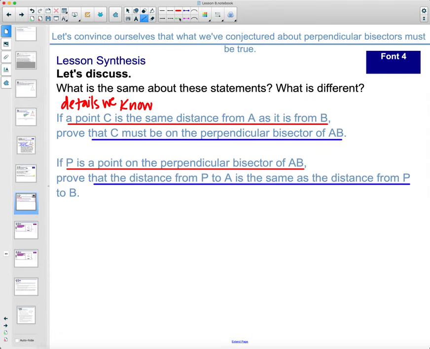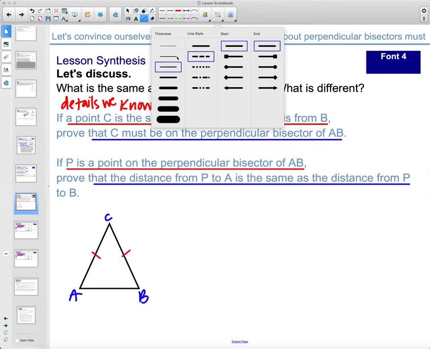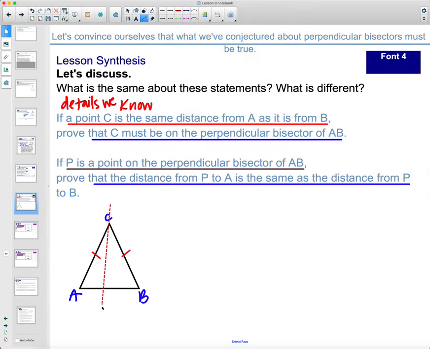So if I were to draw these two diagrams with this color coding, for this first one, we know that C is the same distance from A as it is from B. So what we're given is that this is congruent to this. Then you want to prove that this dotted line is the perpendicular bisector.